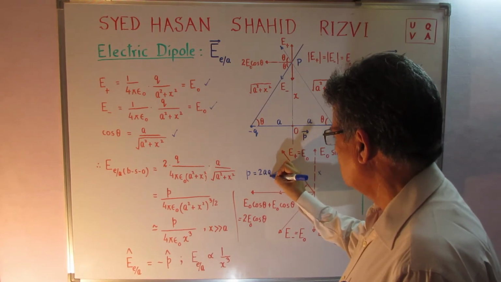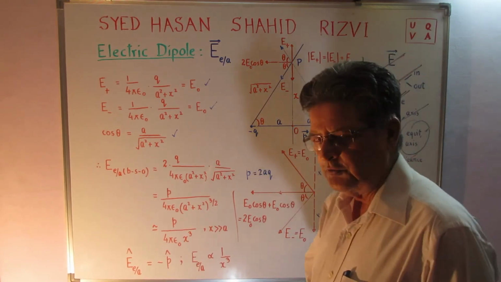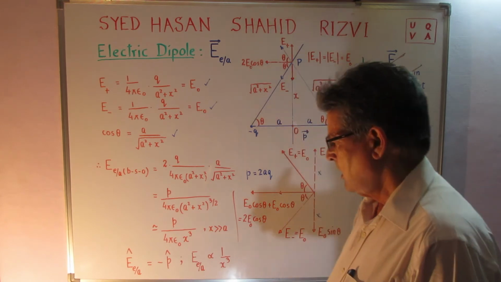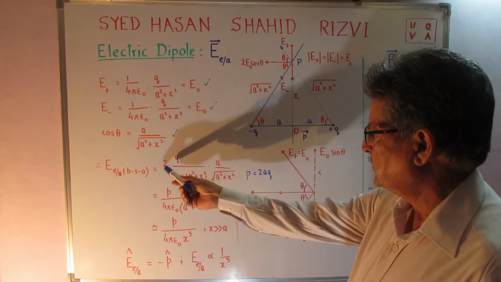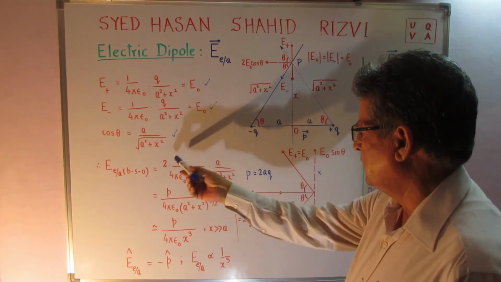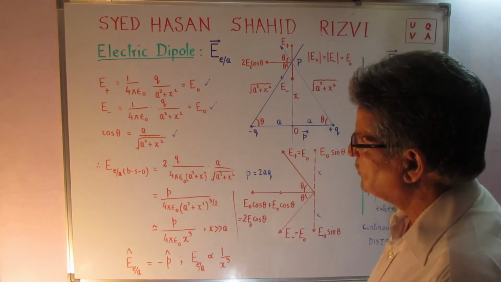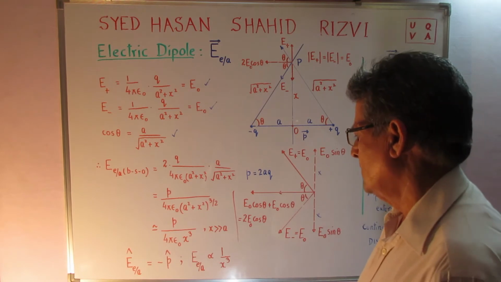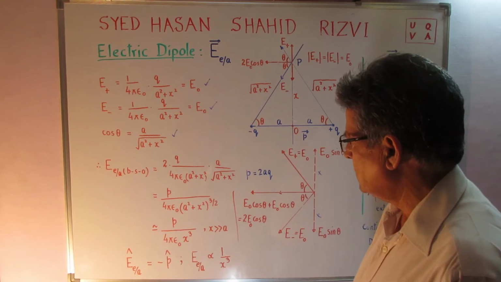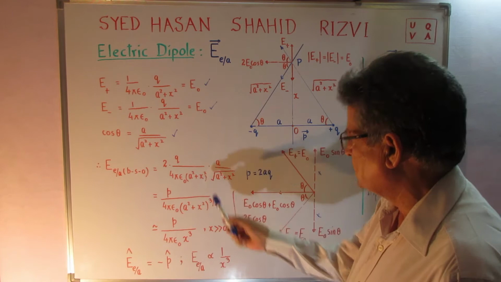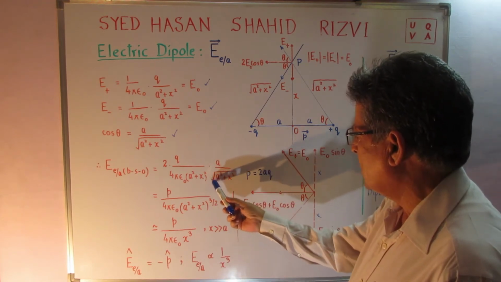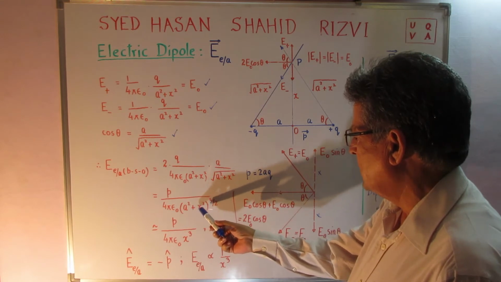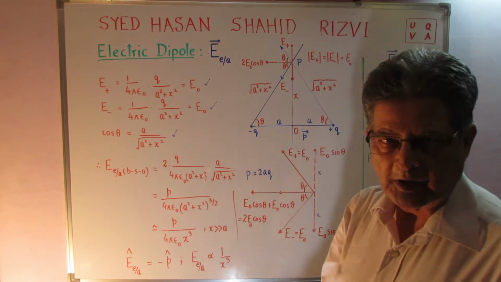This is the magnitude of the dipole moment vector. So 2qa or 2aq is equal to p. So I can write p upon 4 pi epsilon naught, a square plus x square into the square root of a square plus x square. This becomes equal to a square plus x square raised to the power of 3 by 2.